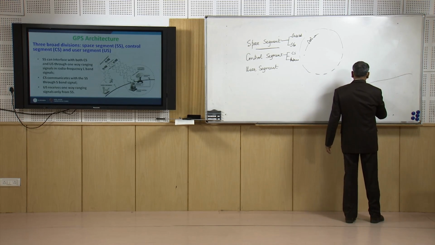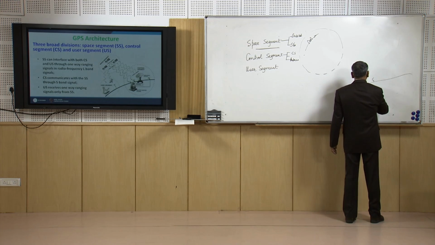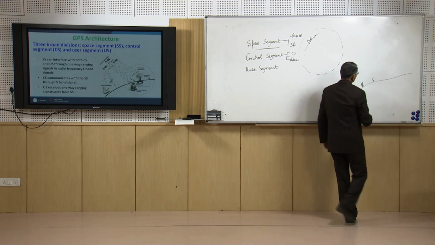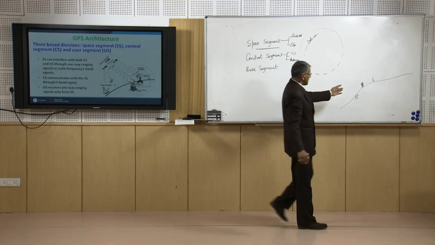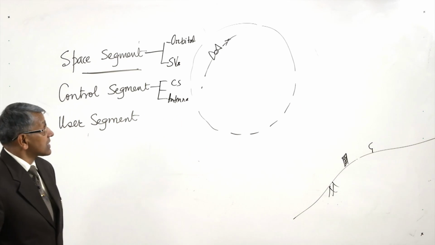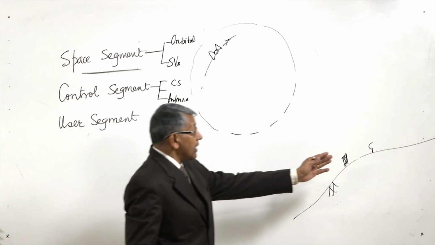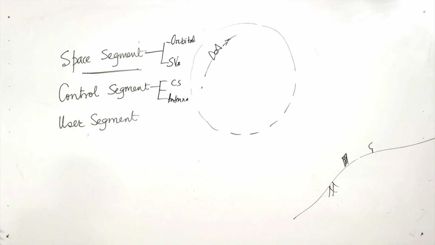This is the surface of the earth, some antennas are there, some control stations are there. These control stations control the activity of the GPS satellites, and the antenna is used to receive or send the signal to the satellite vehicle.